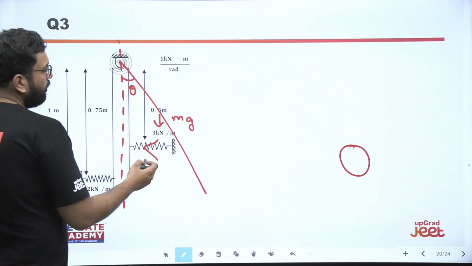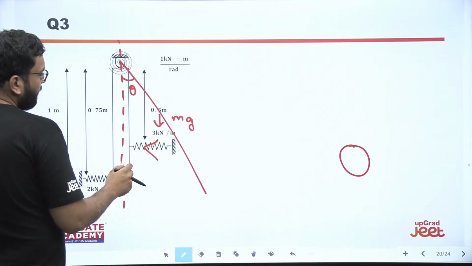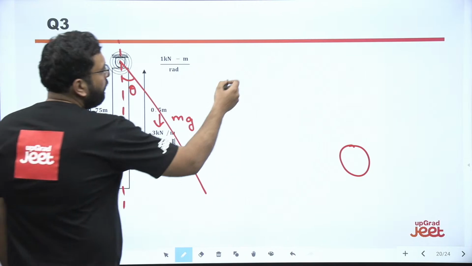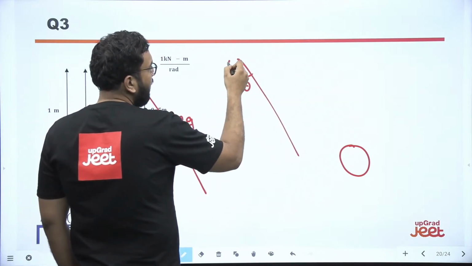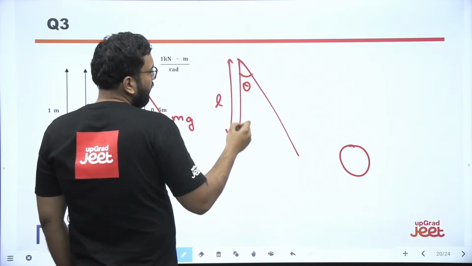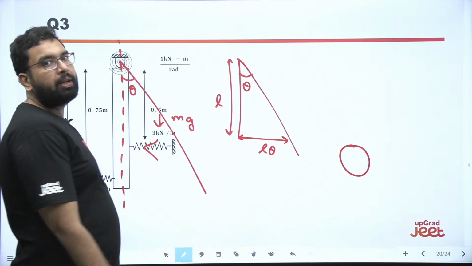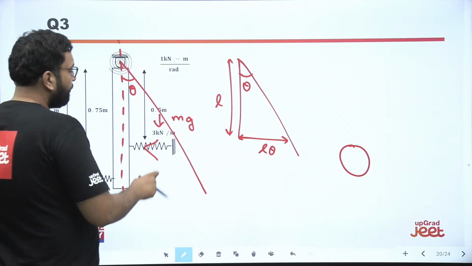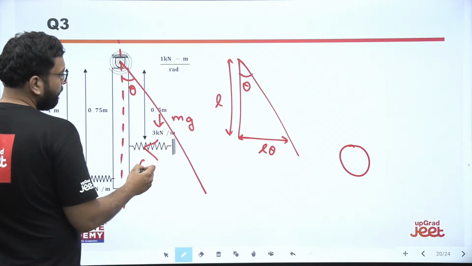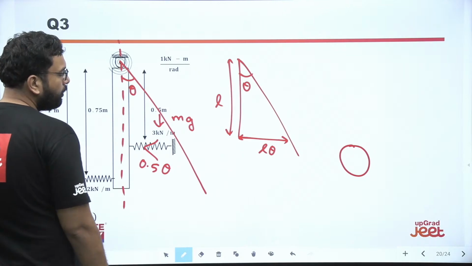So how much will this spring displace? This is 0.5. If I move something through a very small angle theta, with length L, the displacement is going to be L into theta. For a small angle, we can do this. So this spring will be compressed by 0.5 into theta.